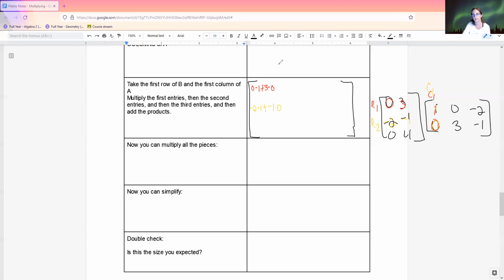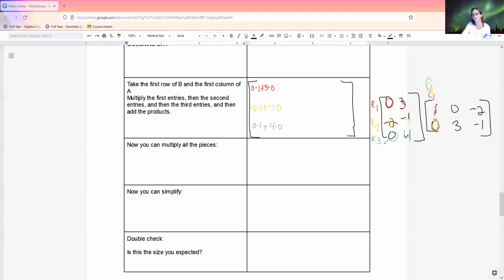I'm done with that one. Now it's green. Row 3, column 1. 0 times 1 plus 4 times 0. Okay.